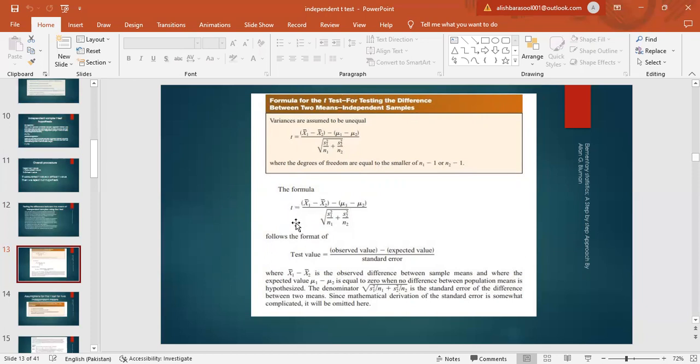The formula follows the format of test value equals observed value minus expected value over standard error, where x1 minus x2 is the observed difference between the sample means, and the expected value mu1 minus mu2 is equal to 0 when no difference between the population means is hypothesized. The denominator, the square root of s1 squared over n1 plus s2 squared over n2, is the standard error of the difference between the two means. Since the mathematical derivation of the standard error is somewhat complicated, it will be omitted here.